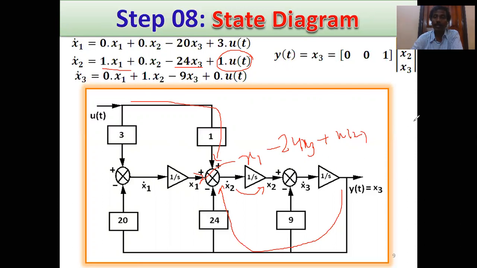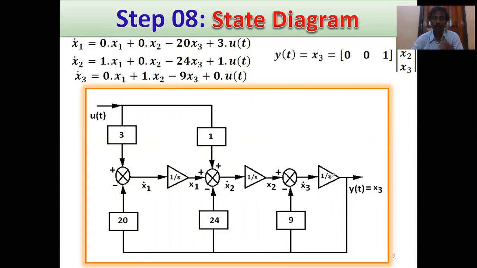And what is x3 dot? x3 dot integrates to give x3. x3 equals the output y of t. And x3 dot equals 1 into x2.